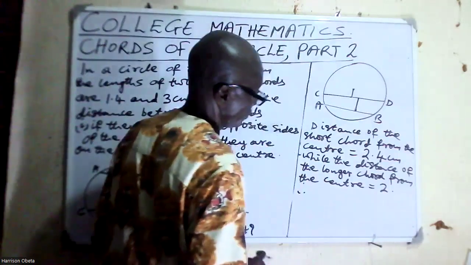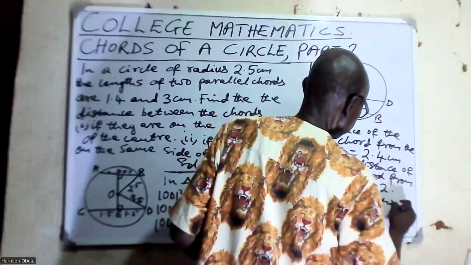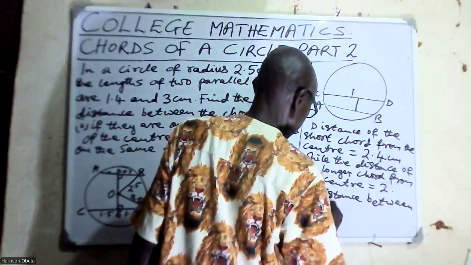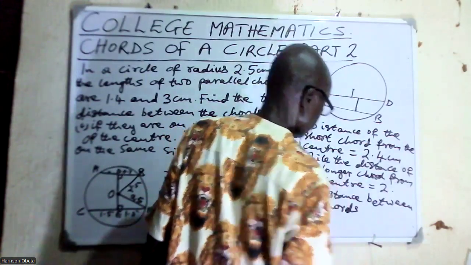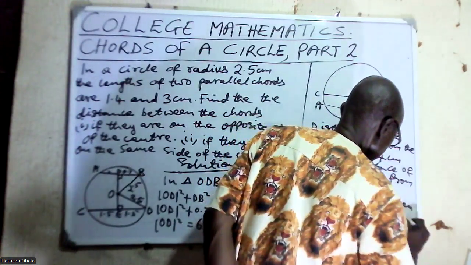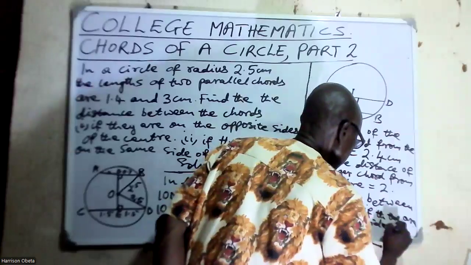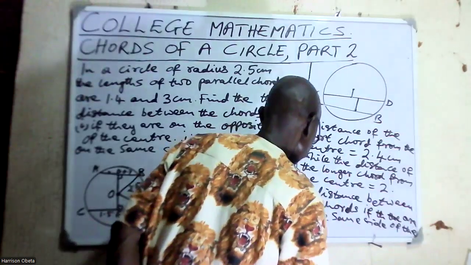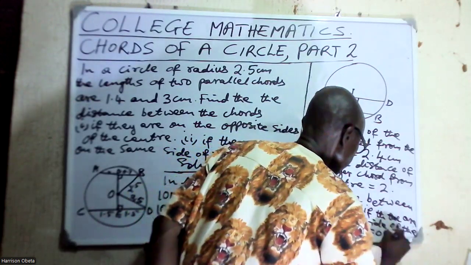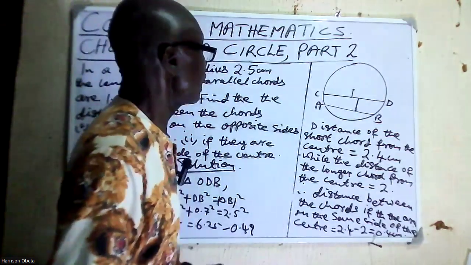Therefore, the distance between the chords if they are on the same side of the center is equal to 2.4 minus 2, which is equal to 0.4 cm. So that is the answer to that.